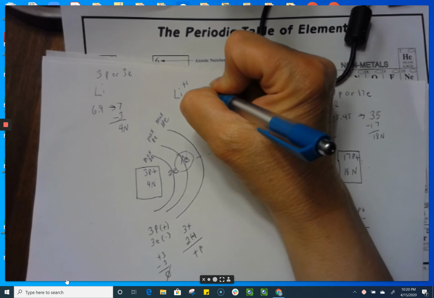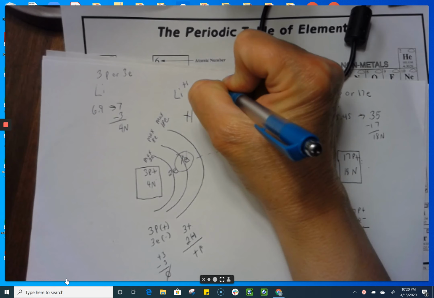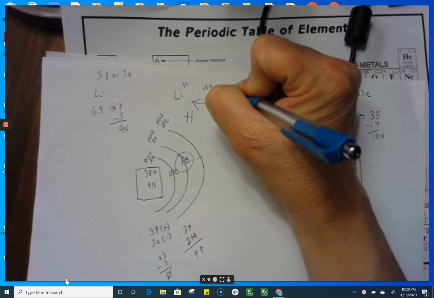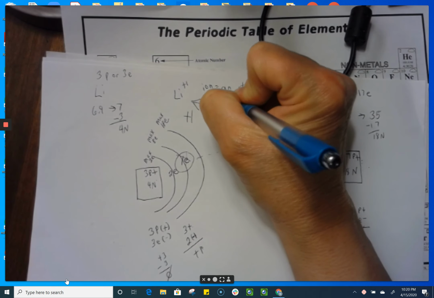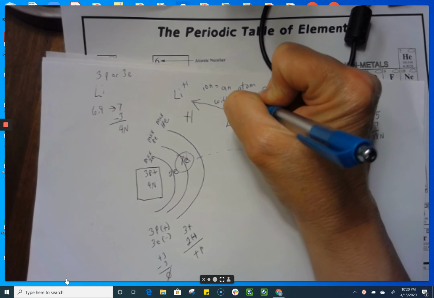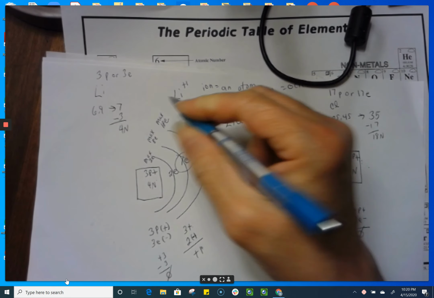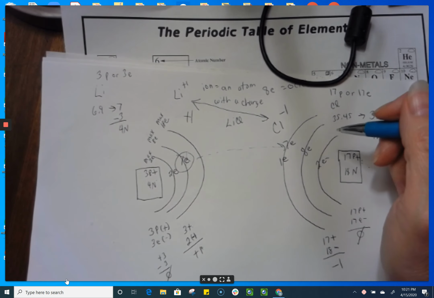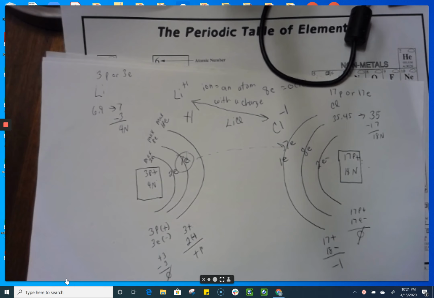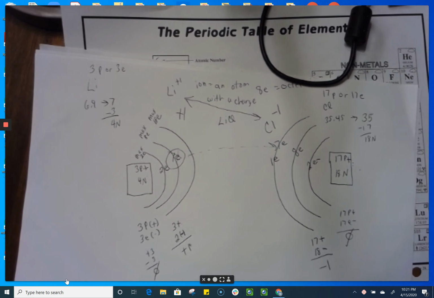Remember that an ion is an atom with a charge. And so when two ions pull together, you end up having an ionic bond between them. So that's pretty much the basis of an ionic bond.